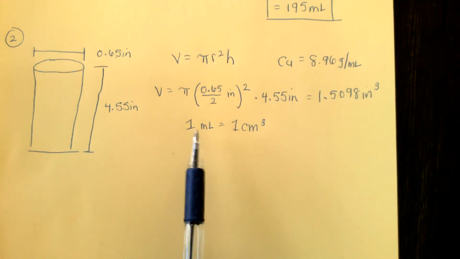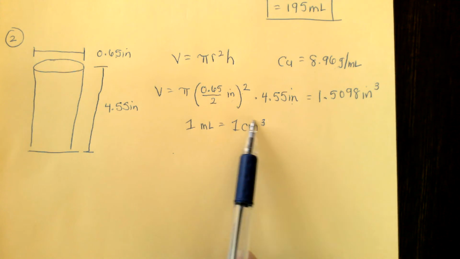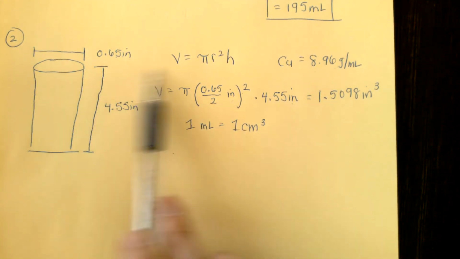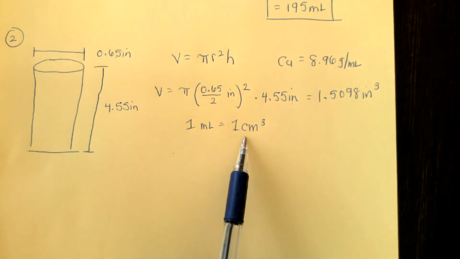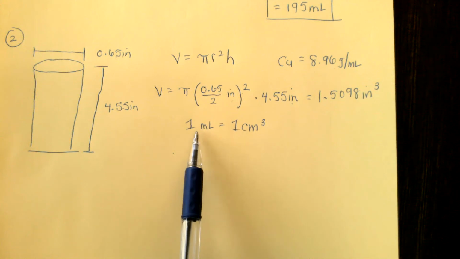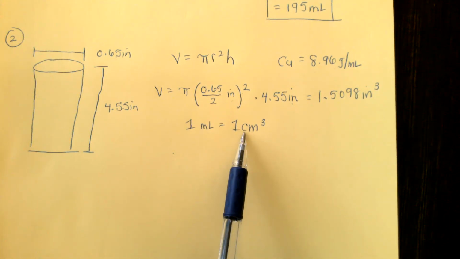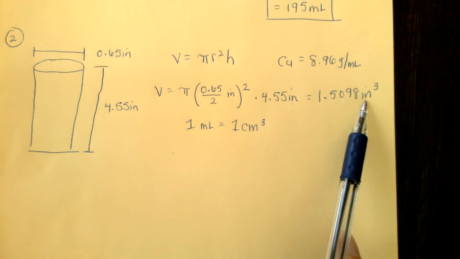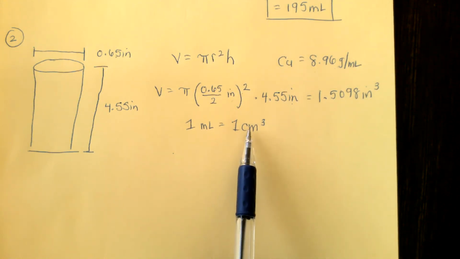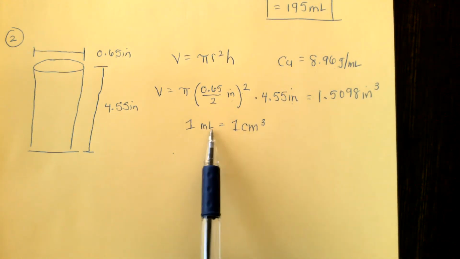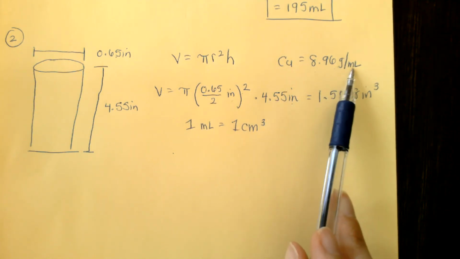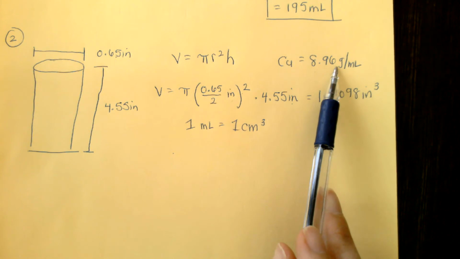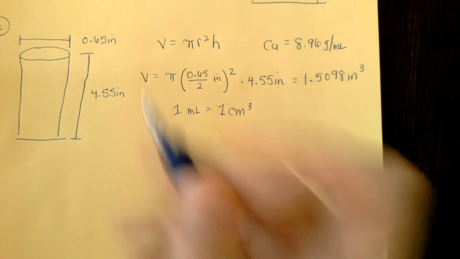So in the metric system, what's really nice about that, there is a way to go from a three-dimensional space like length, width, and height, or pi r squared h like we did here, into volume units of liters, and that is using this relationship here, 1 milliliter equals 1 centimeter cubed. So we're going to take our inches cubed, and we're going to turn that into centimeters cubed. Once we do that, we can turn it into milliliters, and then once we have milliliters, we can use our density to get milliliters to cancel and solve for our mass.